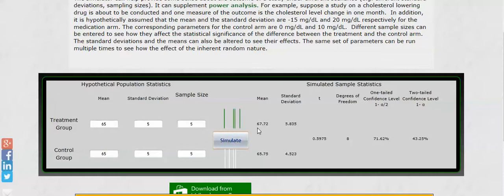This time, these 5 people from University 1 have a mean height of 67, and these 5 people from University 2 have a mean height of 63. So once again, it looks like this overestimated a little bit, this underestimated a little bit, but it's still close. So 67.7 and 65.8.